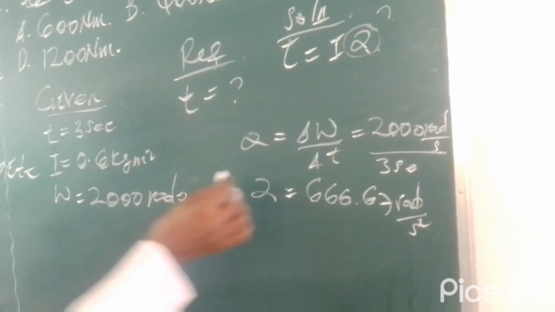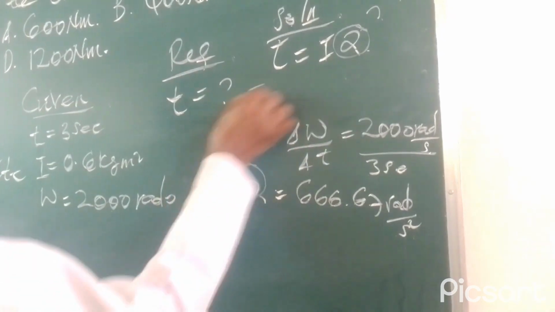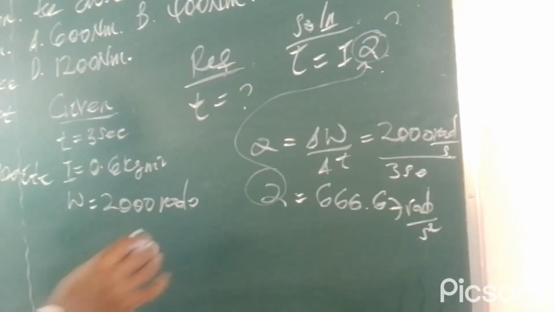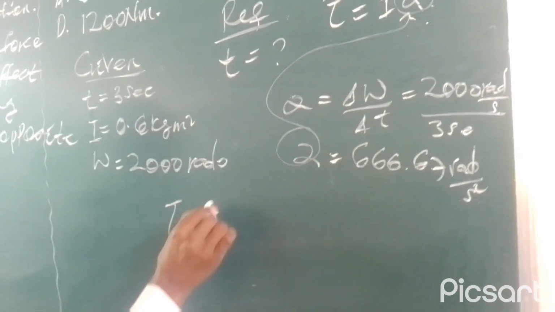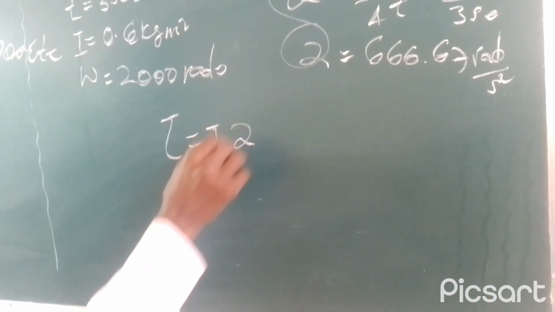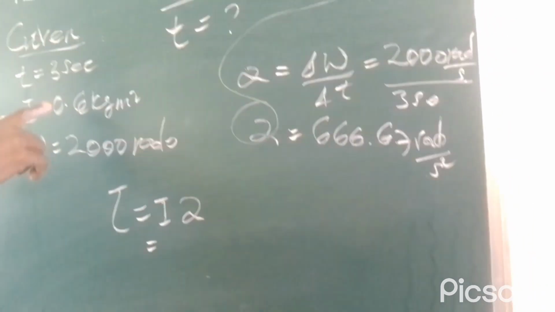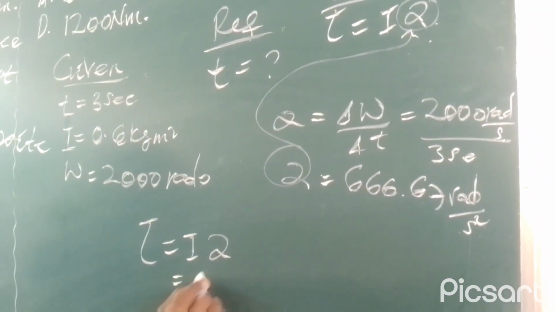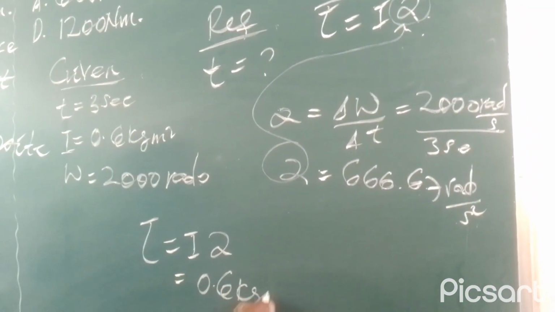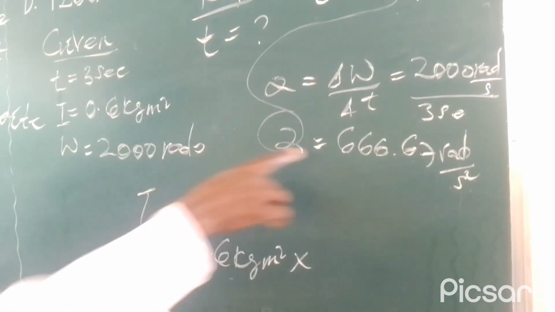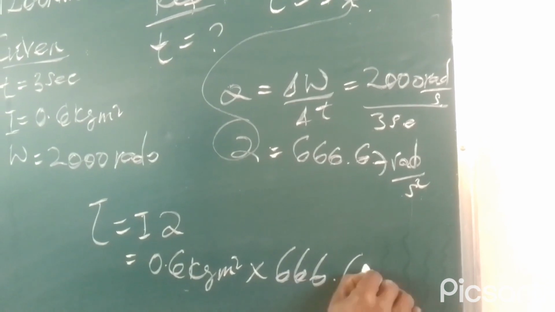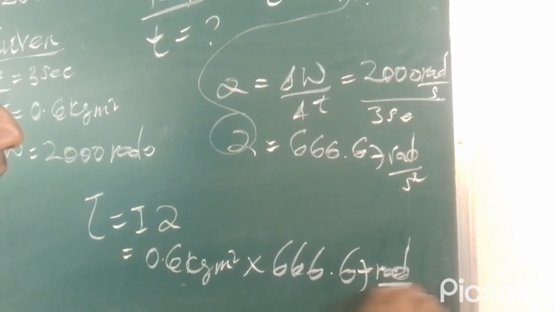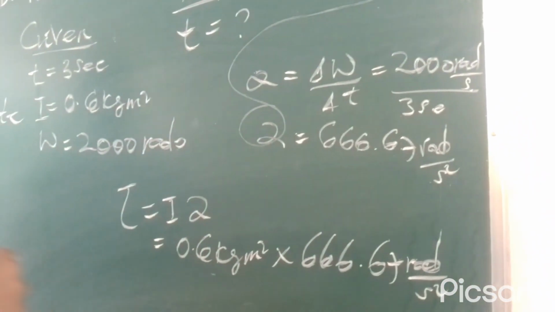Now, substituting into the equation, torque equals moment of inertia times alpha, which is 0.6 kilogram meter squared times approximately 666.67 radians per second squared.